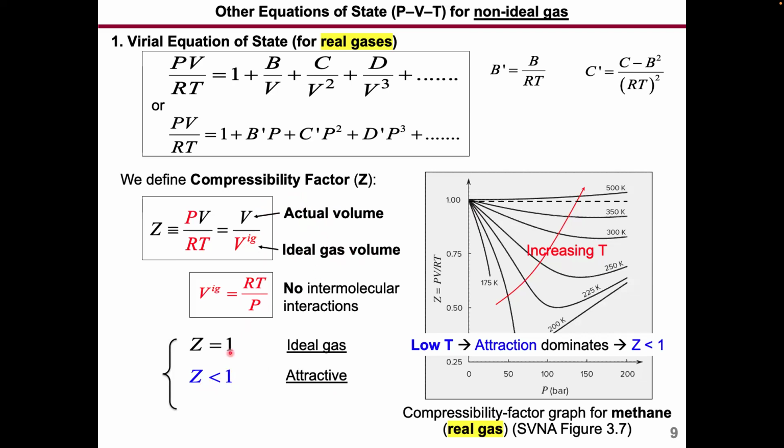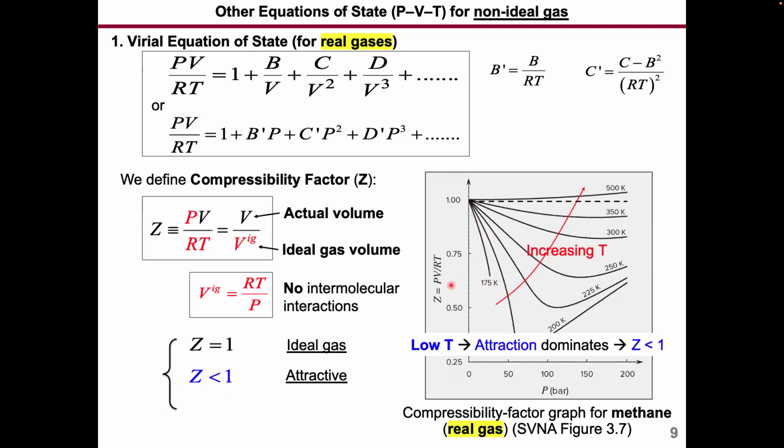But when Z is smaller than 1, you may have some attractive interaction bringing these gas molecules closer to each other, so you have a smaller actual volume. Okay, so the compressibility factor is going to be less than 1, which indicates attractive interaction. And usually this will occur when your gas is at a very low temperature, okay?